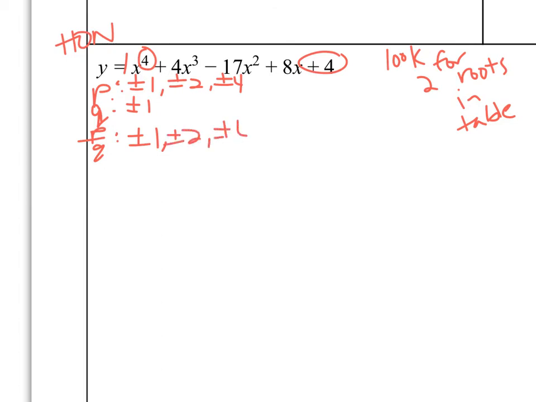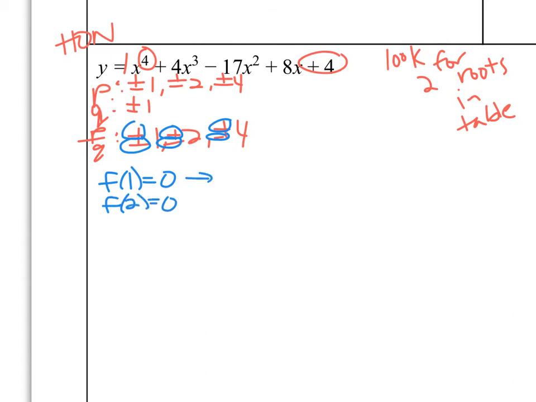So the only possible places in my table where I get 0 are going to be +1, -1, +2, -2, +4, or -4. Those are the only numbers that I need to check. So let's type that in the calculator and see if you can find in your table 2 numbers where your y column is 0. I got that in my table y is 0 at 1 and 2.